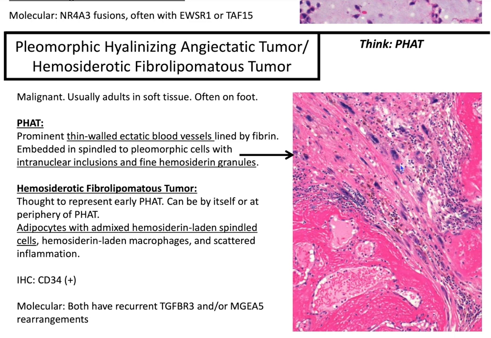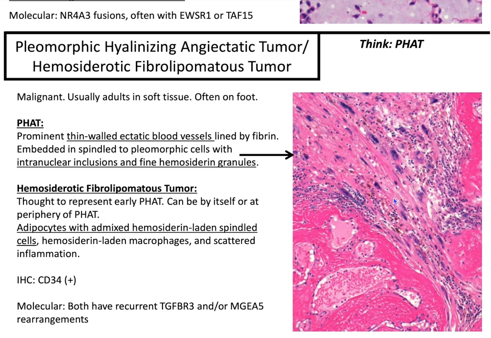As you look higher power, you'll see spindle to pleomorphic cells with intranuclear inclusions and fine hemosiderin granules. So look at these thin-walled ectatic blood vessels lined by fibrin, and then you'll have the spindle to pleomorphic cells.